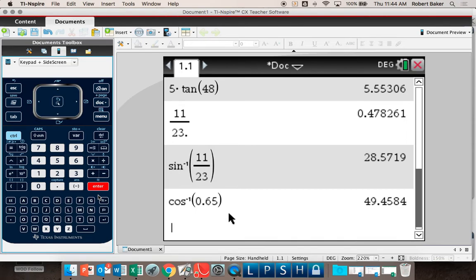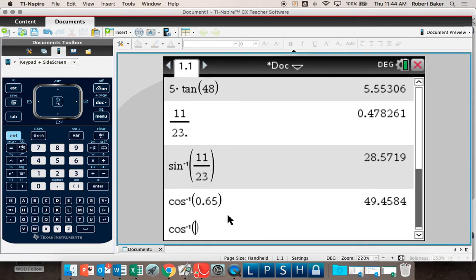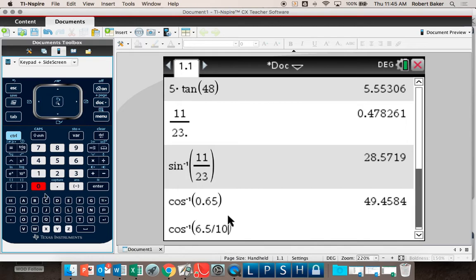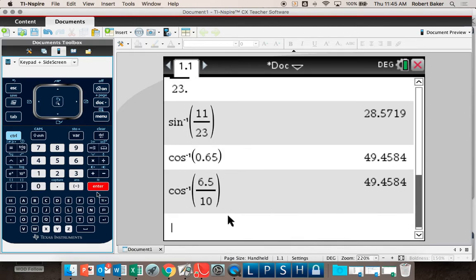Could you just divide them together first? That's what I did. But you know, most people just like to do it with the least amount of stress possible and type it all in. It still gives you the exact answer. Doesn't matter.